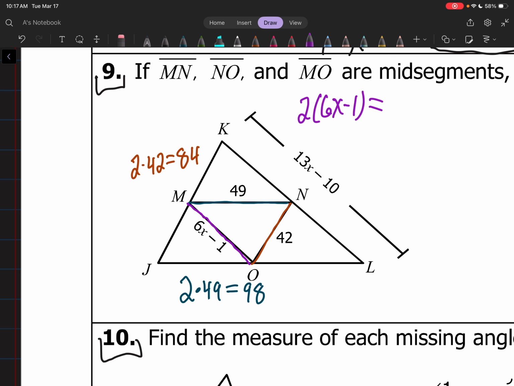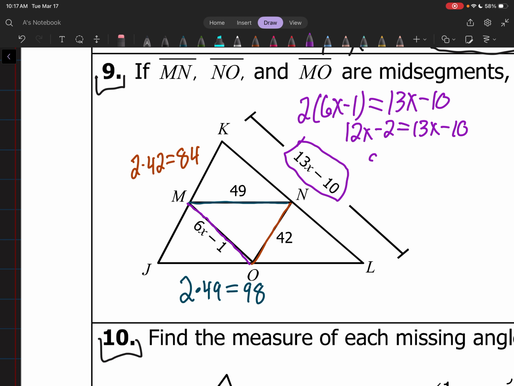That's going to give me KL, but in my equation here, KL is equal to 13x minus 10. 12x minus 2 equals 13x minus 10. 8 is equal to x. KL is going to be 13 times 8 minus 10. This is 104 minus 10, 94.